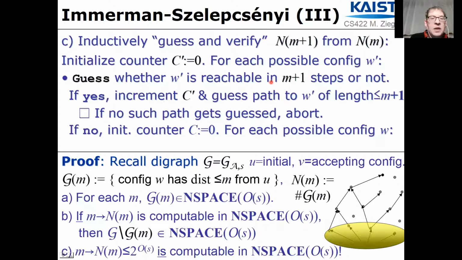But now we need some other way of verifying that our negative guesses, or guess that a vertex is not reachable within m+1 steps, has been correct, because now we don't have the information about n of m+1 at our disposition. Indeed, we're trying to calculate n of m+1.